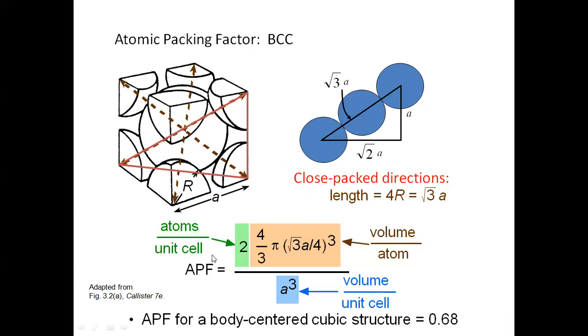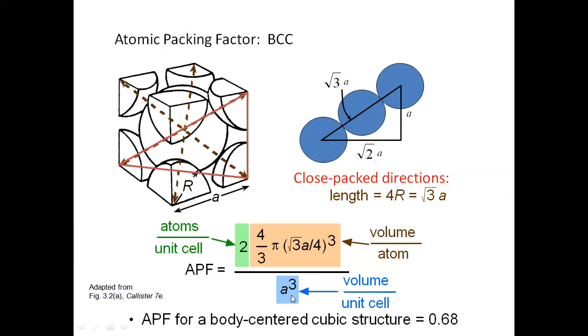Okay, so moving forward. The formula here we're given already. The APF is equal to atoms in the unit cell times the volume of the atom divided by the volume of the unit cell. The number of atoms in this case is 2, because of this one plus the coordination number, that is basically the atoms per unit cell. So we have 2 atoms here, multiplied by the volume of each atom, divided by the volume of the unit cell.